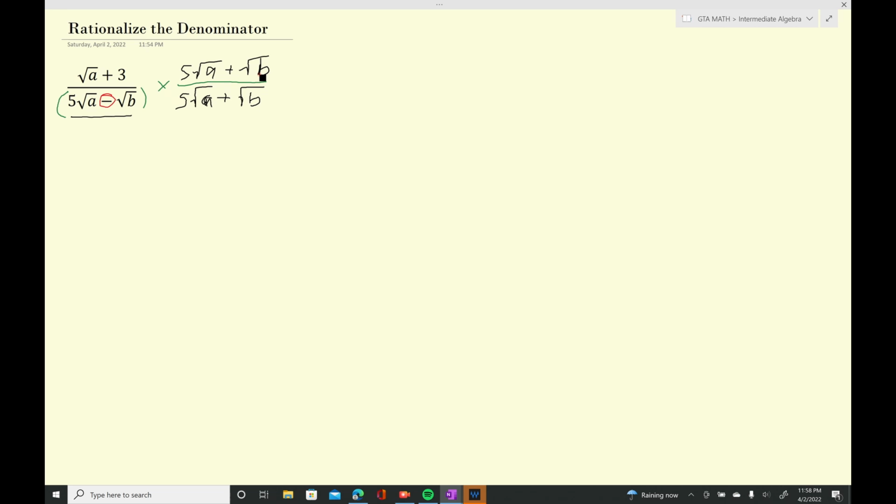When we multiply this, you're going to have to remember some of the rules that you've learned about radicals. So we're going to FOIL all of this. The first thing we're going to do is multiply the bottom.